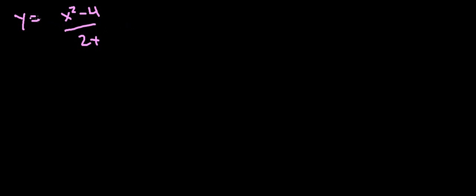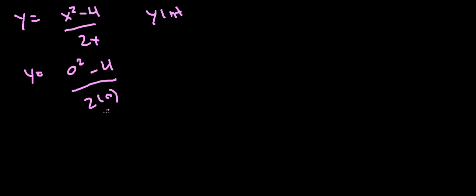To find our y-intercepts, we need to set x equal to 0. So y is equal to 0 squared minus 4 over 2 times 0. And then anything divided by 0 is 0. So our y-intercept is 0, 0.